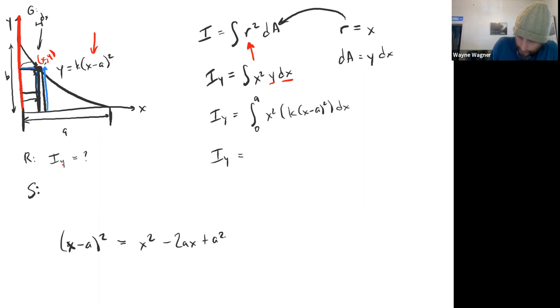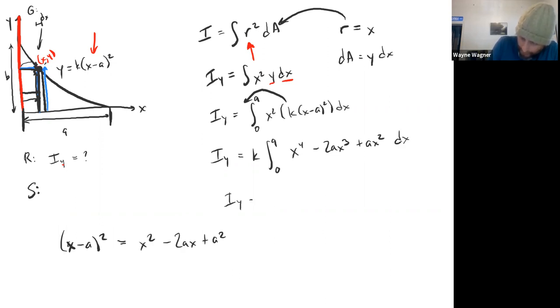I'm going to pull the k out because I don't want to deal with it. Then we integrate this thing from 0 to a. I'll get x to the 4th minus 2ax cubed plus a squared x squared dx.